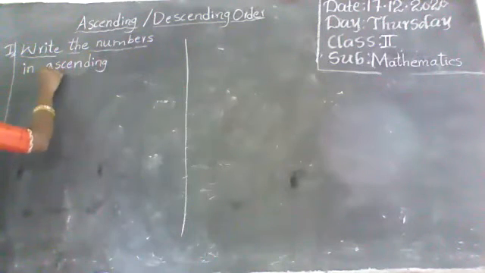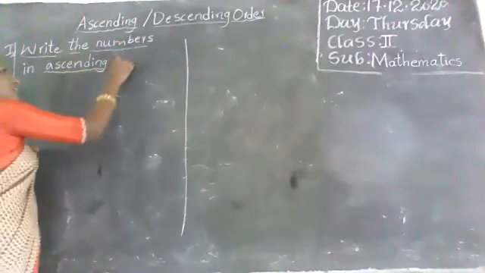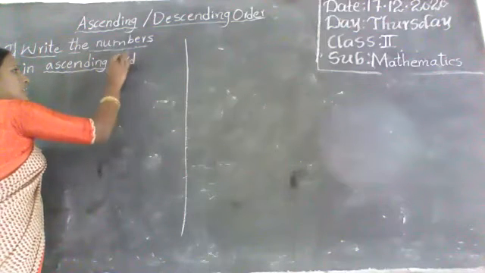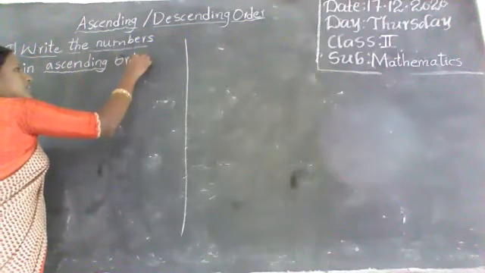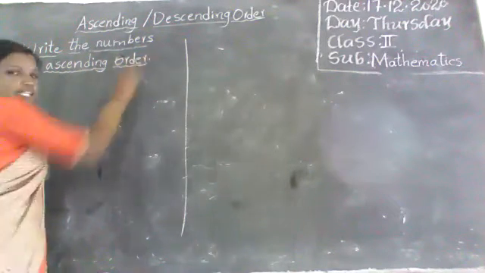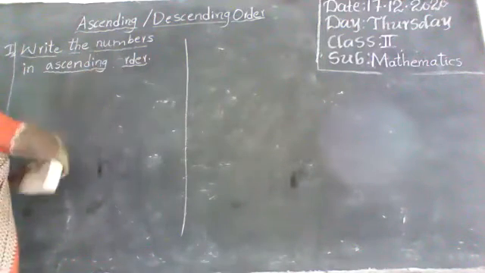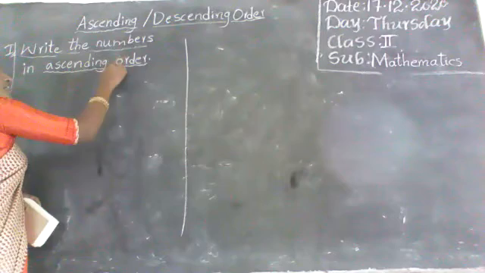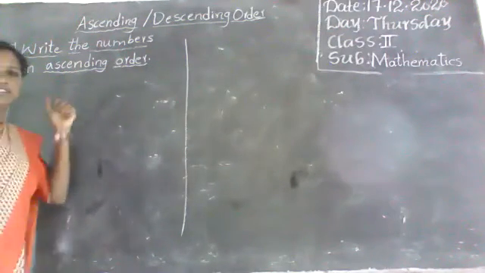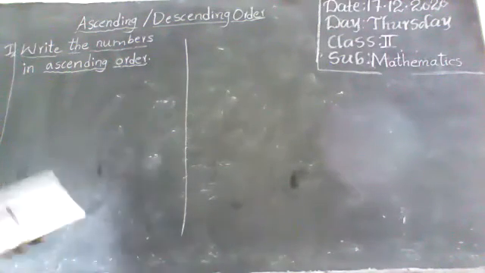A-S-C-E-N-D-I-N-G. Ascending order, O-R-D-E-R. Ascending order. Look at me, all of you. We should arrange the numbers in ascending order. Let us see one example.